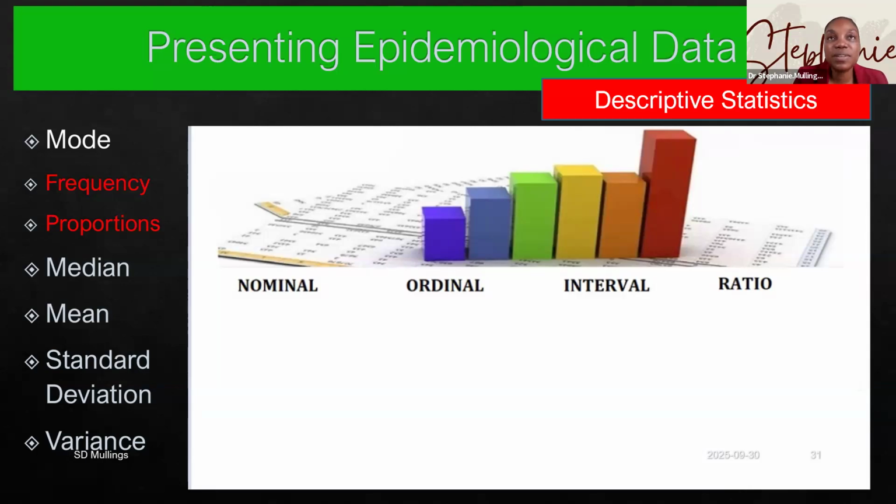But the intervals are usually equal, and they are known through 0 for the interval measurements. While for ratio, we do have a true 0, and that's representing how we can describe data as it relates to categorizing types of data.